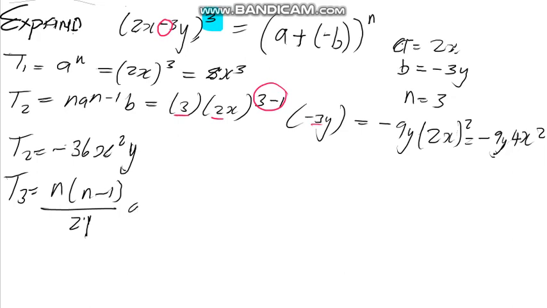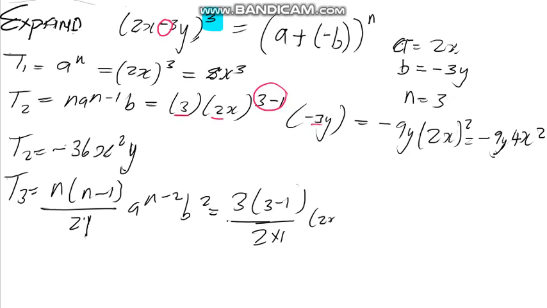And then you've got a to the power n minus 2, and then b squared. So this will be equal to n, which is 3, and then 3 minus 1 divided by 2 factorial, which is 2 times 1. And then a, which is 2x, to the power 3 minus 2, and then b is minus 3y all squared.